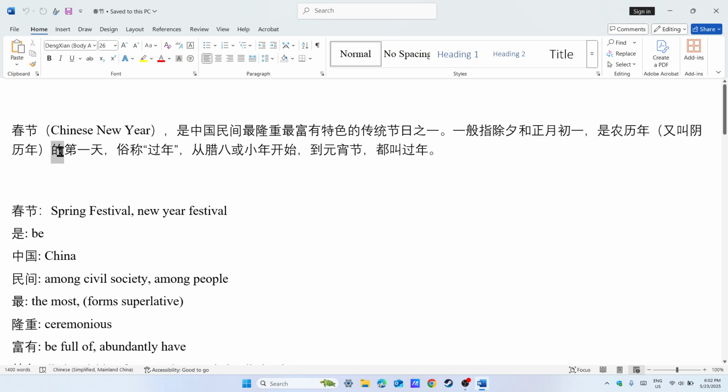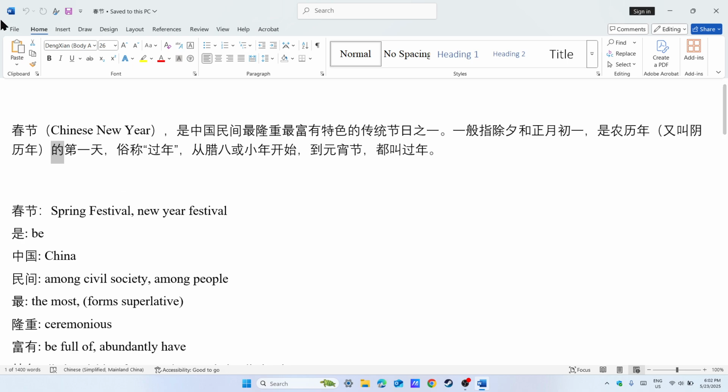But the second one, 是农历年的第一天, if you omit the 的 and say 农历年第一天, it's sort of okay. If you omit it and it becomes 是农历年又叫阴历第一天, it is okay.